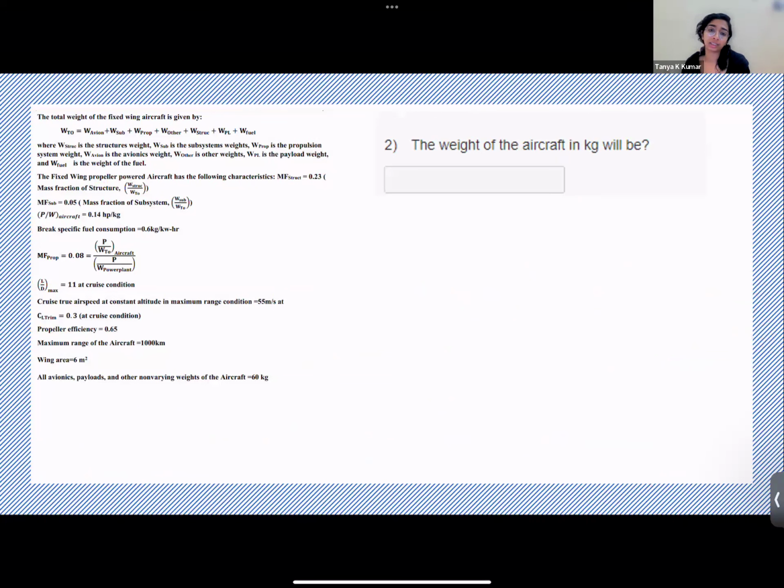The weight of the aircraft in kg will be. How do we go about doing this? Start with the first equation, this one. Start with that and try finding it out. Weight of the aircraft. So they basically asked you to find W takeoff. That is the question. How do you find this?